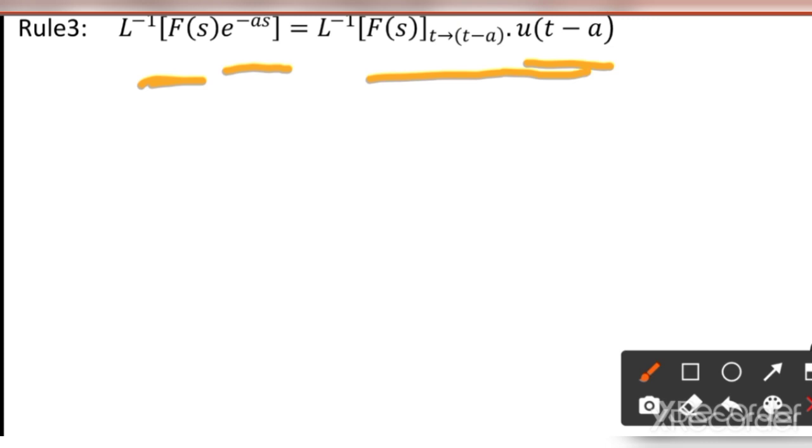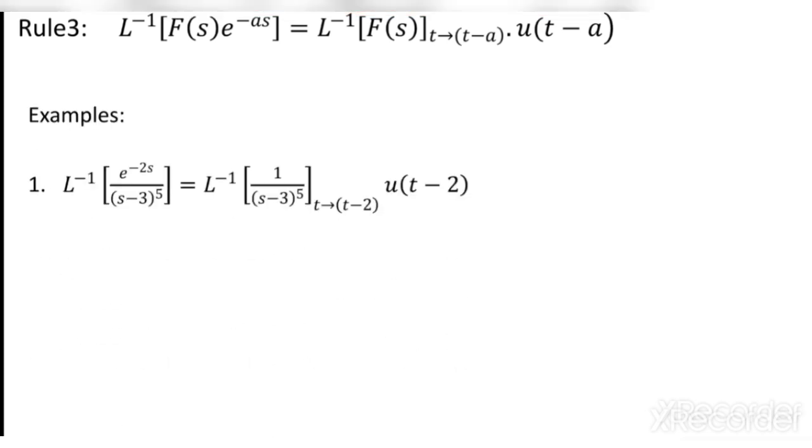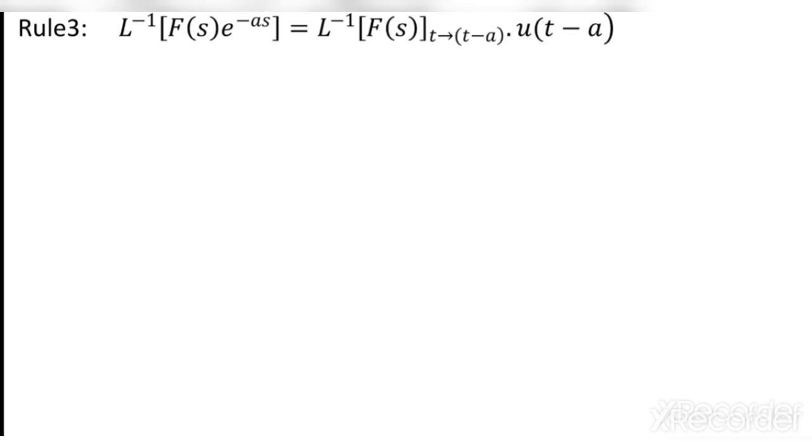So I can apply the reverse process, that is L inverse of f of s e power minus as is equal to L inverse of f of s. Once you get that result, replace t by t minus a and multiply by the unit step function.